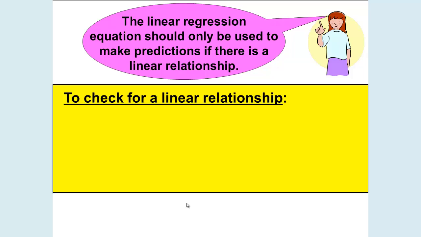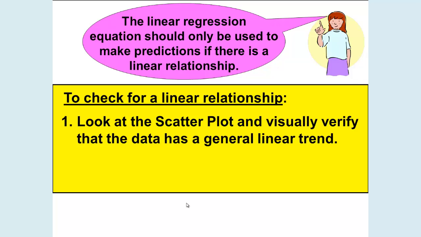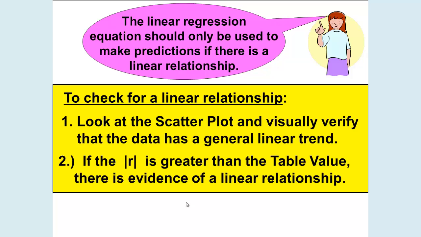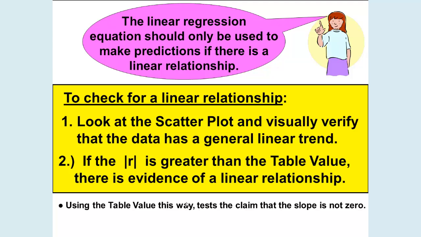To check for a linear relationship, we look at the scatter plot and visually verify that the data has a general linear trend. And step 2, if the absolute value of R is greater than the table value, there is evidence of a linear relationship. Using the table this way, we test the claim that the slope is not zero.